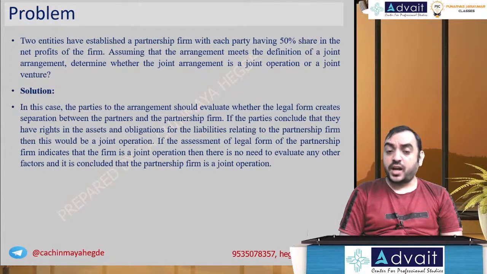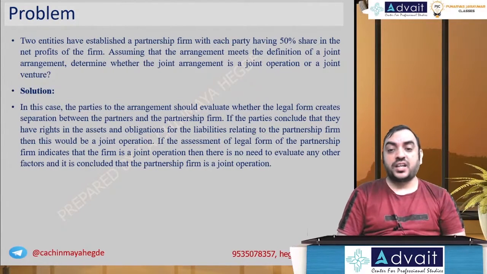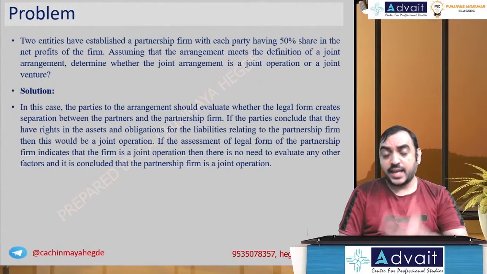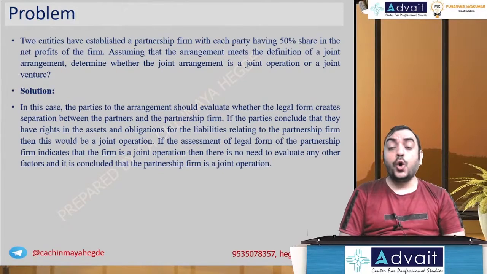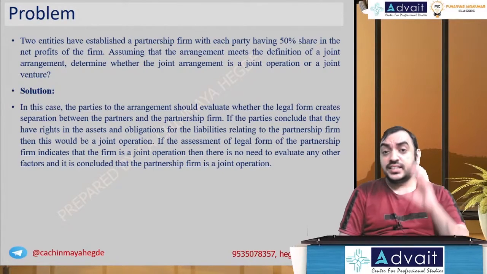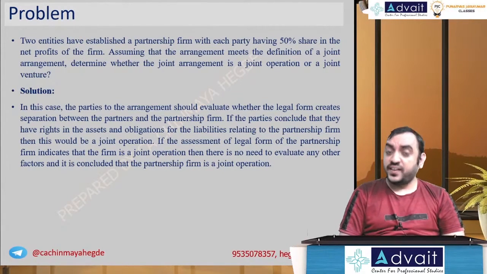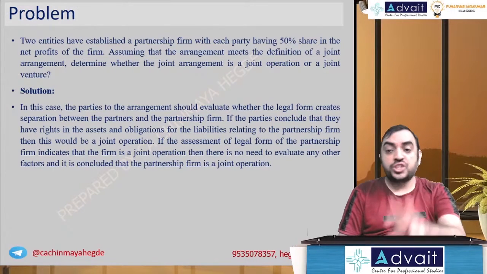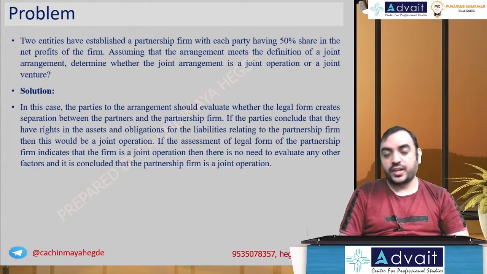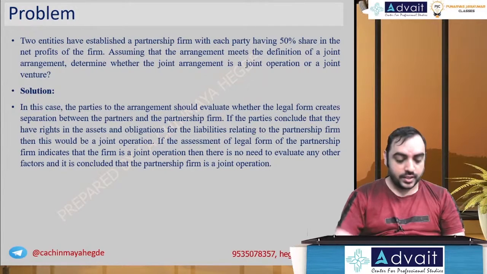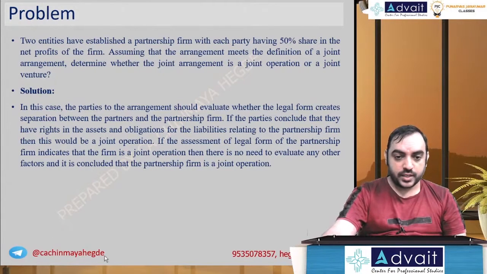They've established a partnership firm. So you should look at the purpose for which the partnership firm was formed, its legal form, what the rights and liabilities of the firm are, whether the assets and liabilities are collectively or individually owned, whether the rights and obligations are defined separately, and how the outputs of the organization are going to be distributed. Points like that. If I have to give you a chart quickly, I'll show you the chart of what you should look at.